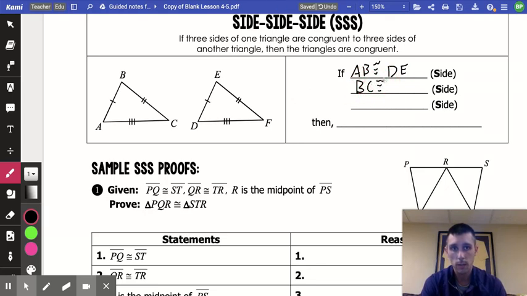So what other one has two? EF. And then AC would be congruent to DF. So if all the sides are congruent to sides in another triangle, then triangle ABC is congruent to triangle DEF.